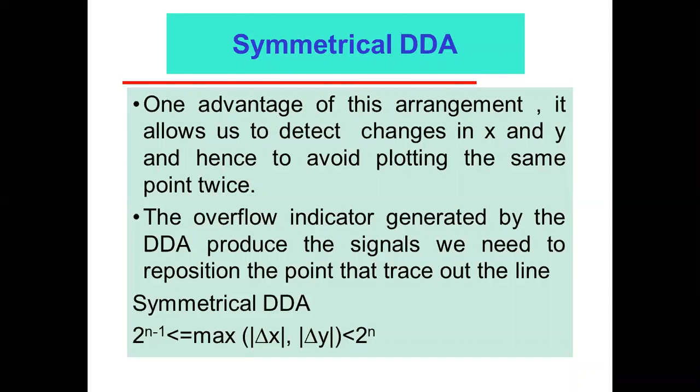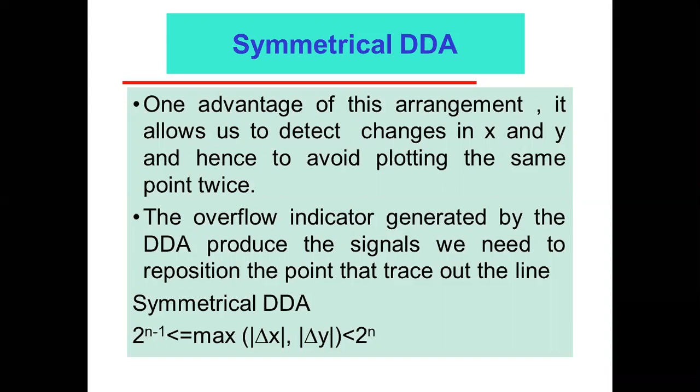So in the method of the symmetrical DDA, we use this method. Here you can see 2 to the power n minus 1 less than or equal to the maximum of mod delta x comma delta y, less than 2 to the power n. Okay, so you just have to remember this. If anybody says to draw the straight line using the points, the initial point and the end point will be provided to you.